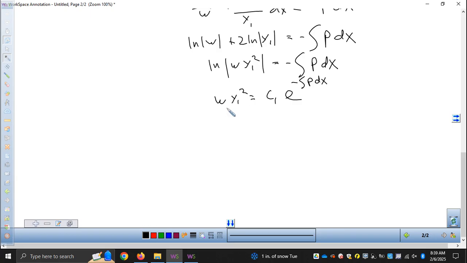And we know that w equals u prime. We get that u prime equals c1 e to the negative integral of p dx over y1 squared, so I'm dividing both sides by y1 squared and integrating because w equals u prime. We want to solve for u. U is c1, I divide by y1 squared, we're integrating e to the negative integral of p dx over y1 squared dx plus c2.